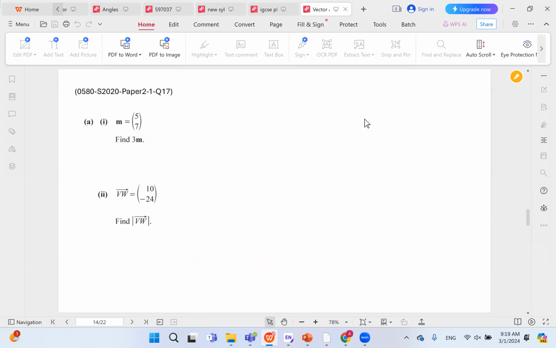In this problem, we are given M and we are required to find 3M. So finding 3M is very straightforward. So you simply multiply 3 by the vector and you get 15 and 21. In II, you are given a vector and you are required to find the magnitude. This is simple as well.